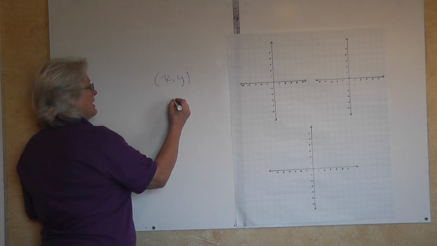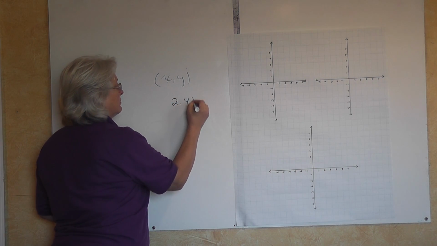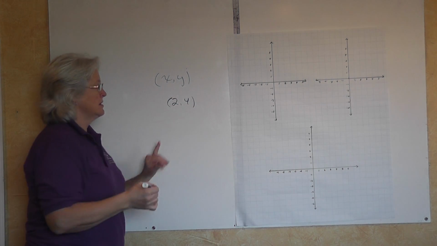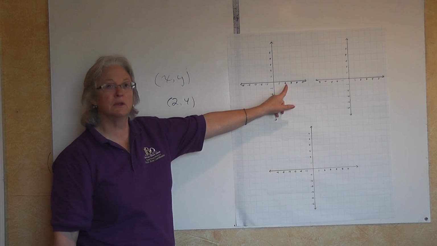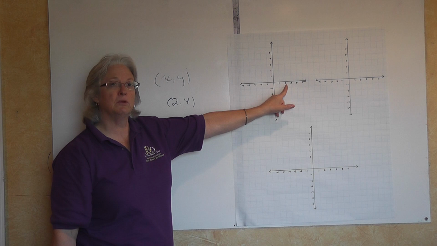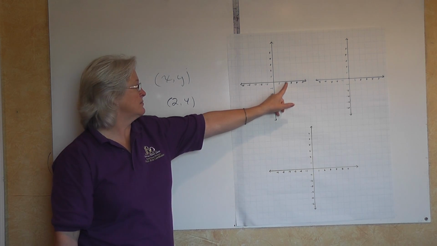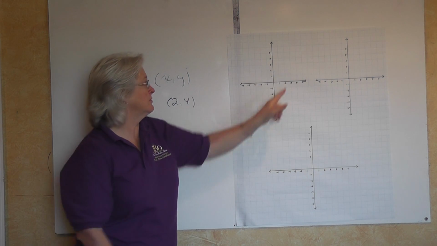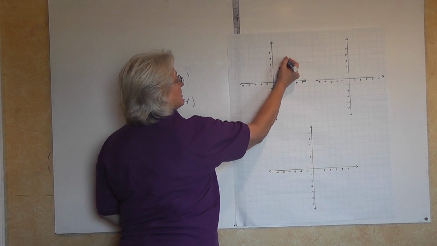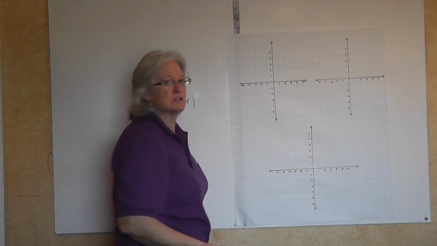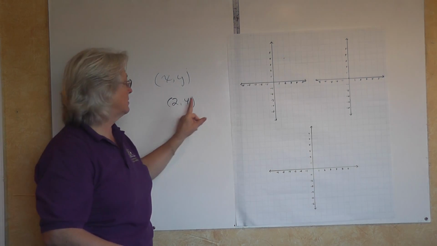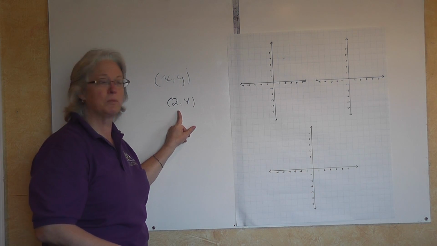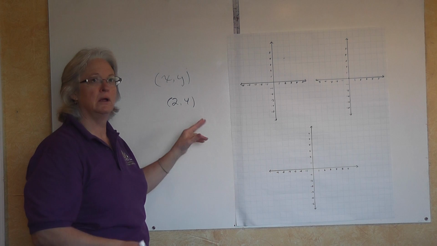For example, if we have this ordered pair here, (2, 4), this tells us that on the x-axis we're going to move over to the point 2, and then we're going to move 4 units up in the direction of the positive y. 1, 2, 3, 4. I'm not going to label it because I want to use this graph later. But this is the location of the point on the plane indicated by the ordered pair (2, 4).